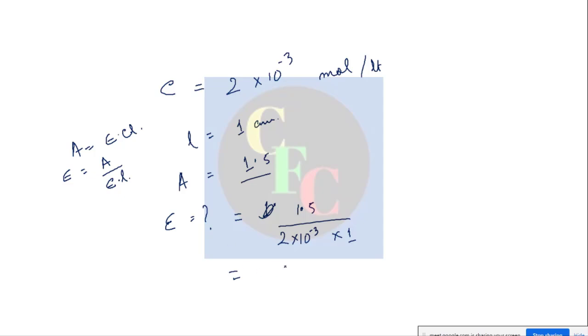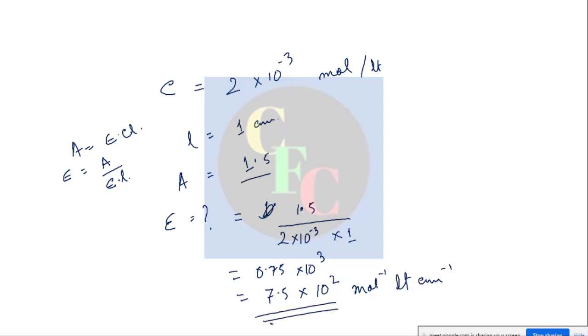So whatever value we get, it will be 0.75 into 10 to the power 3, so it will be 7.5 into 10 to the power 2 mole inverse liter centimeter inverse.